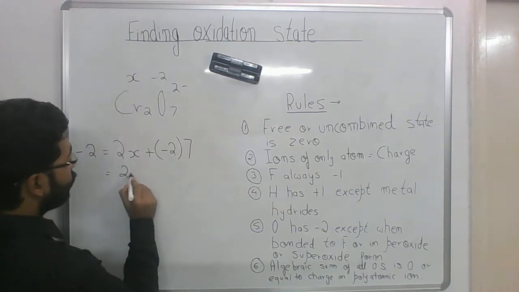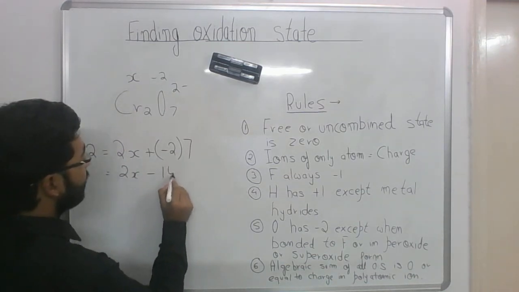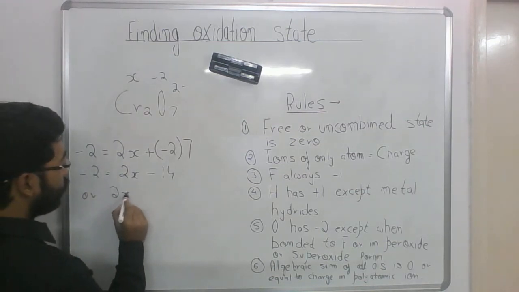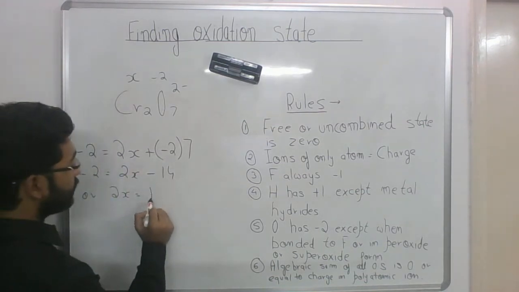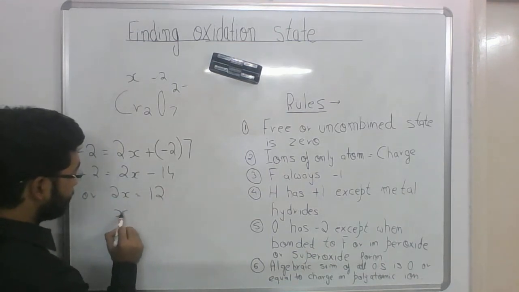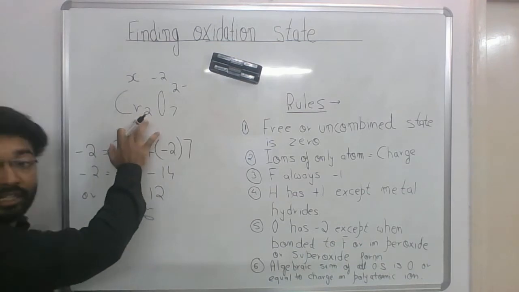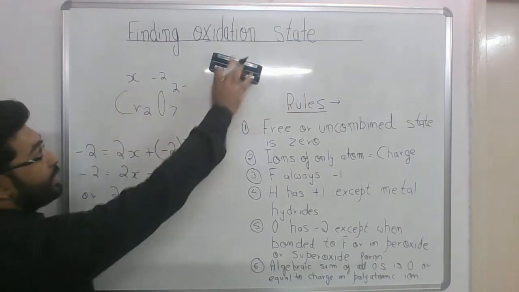So we get 2X minus 14 equals minus 2, or 2X equals 14 minus 2, which is 12, or X equals 6. So in the dichromate ion, the oxidation state of chromium is plus 6.